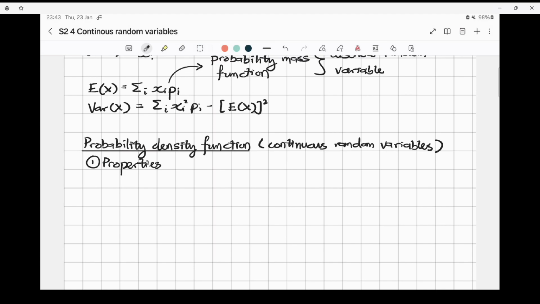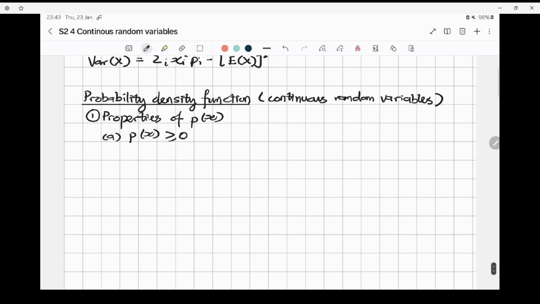It can be 0, but it cannot be negative, because if probability is negative, it is not defined. So let's say the PDF, the probability density function, I denote as P of x. Then the first property is that P of x has to be greater than or equal to 0. It can be 0, but it cannot be negative.